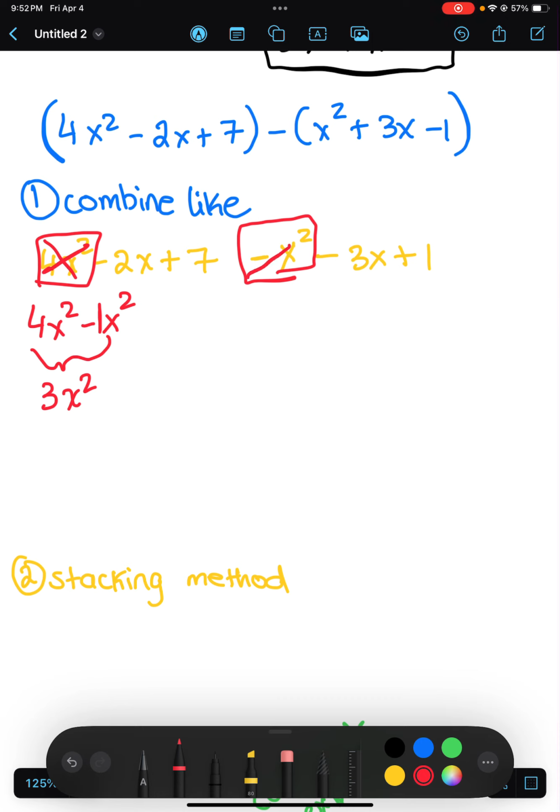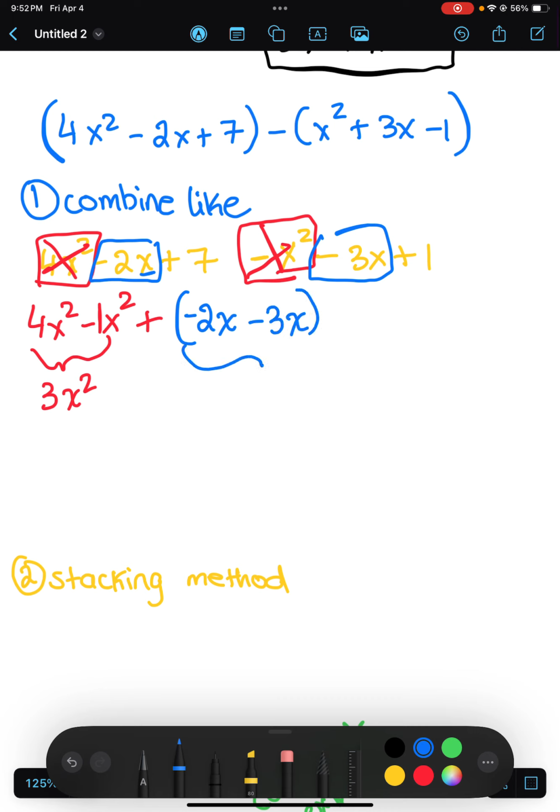So that's done. And then you're going to put a plus sign and look at the next one, which is going to be -2x. So you're looking for another x. See one right here. So I'm going to do -2x minus 3x, which is going to give us minus 5x.